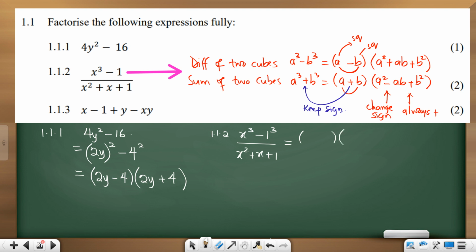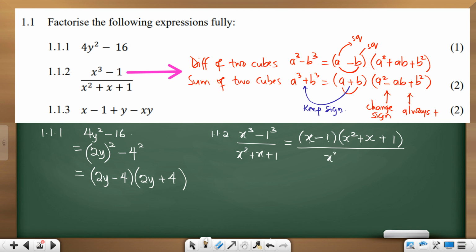I'm going to have to open 2 brackets. It's minus in that original one, so I'm going to keep it there. Now let's square the first one: x squared. Let's multiply x and 1. 1 times x would give me x. The last one is actually negative 1 times negative 1. That's why we said it's always positive. If this one is a negative, this one would be up.